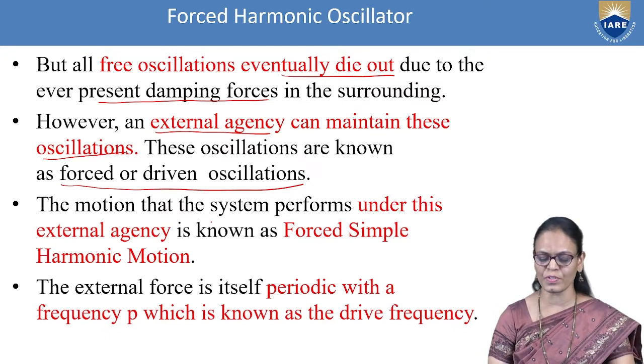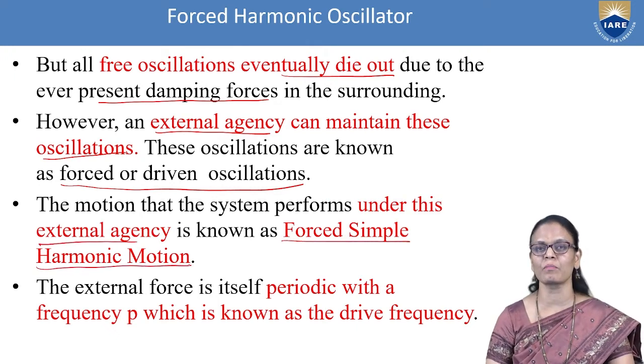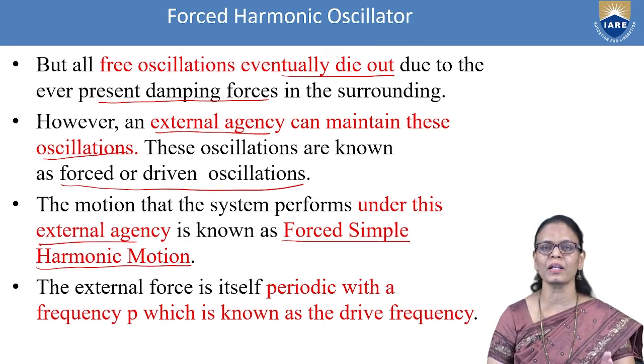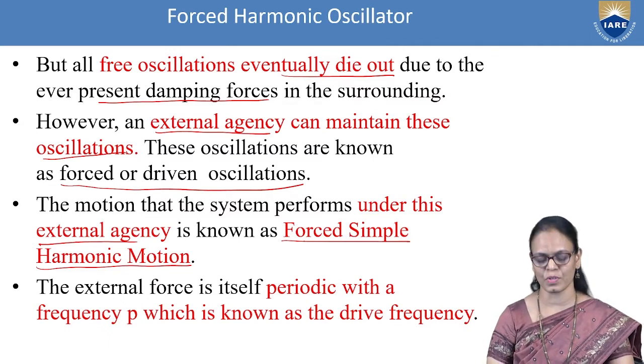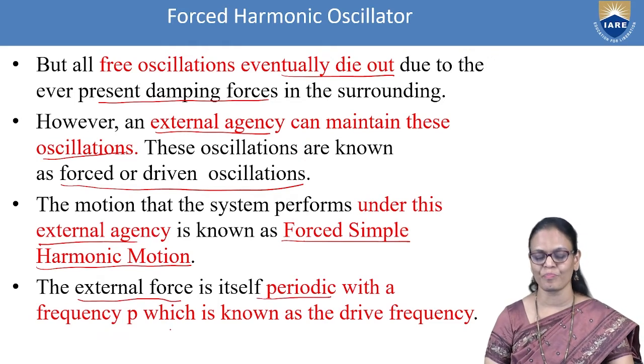So the motion of the system under this external agency is known as forced simple harmonic motion. So whenever we talk about forced simple harmonic motion, it means the system is performing under an external agency, that is, we are providing an external force. This external force itself is periodic with a frequency p and is known as the drive frequency.